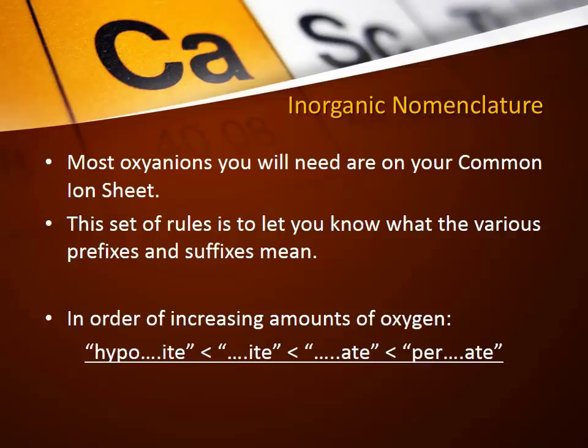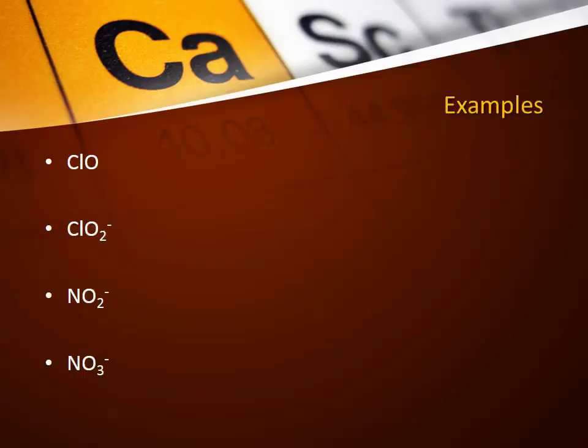So in order of increasing amount of oxygen, hypo-something-ite is less than something-ite, which is less than something-ate, which is less than per-something-ate. So ClO is hypochlorite. Sorry, that's supposed to be one word.